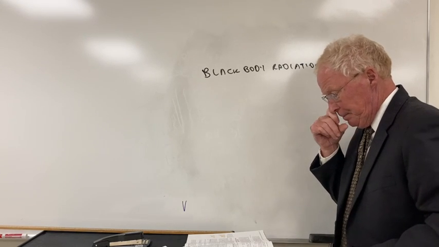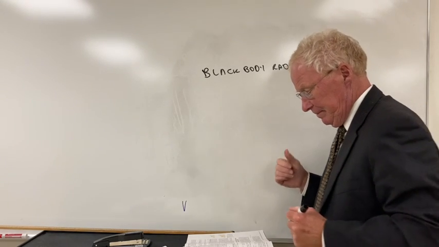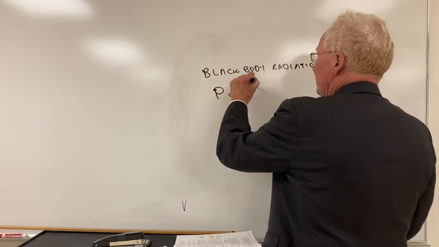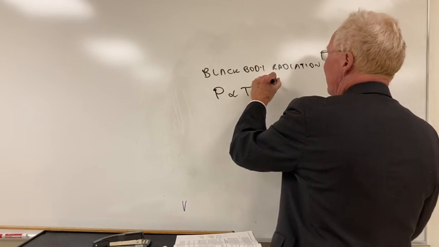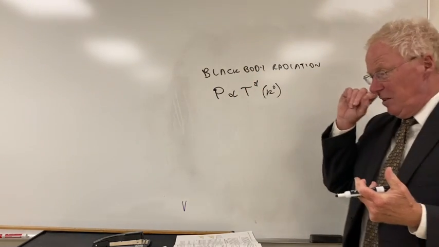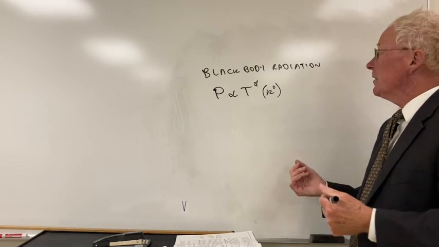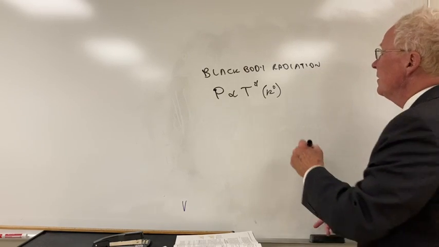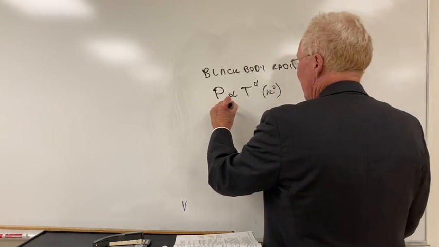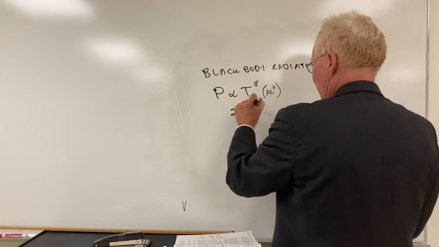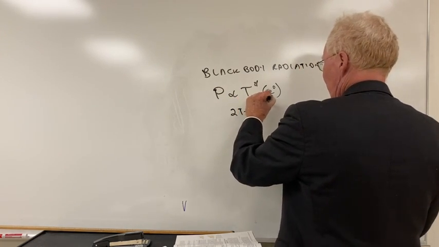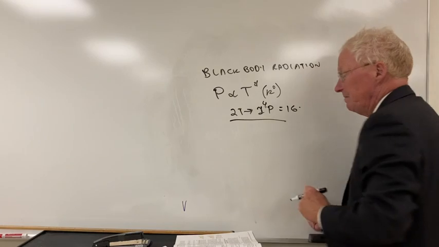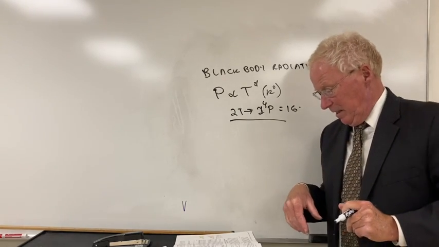So the power radiated is proportional to the fourth power of the temperature in degrees Kelvin. Meaning, as you've seen, if you double the temperature, the power is going to be 2 to the fourth as much, or 16 times. So 2T goes to 2 to the fourth on the original, or 16 times. All right, so you'll see that from the handout.